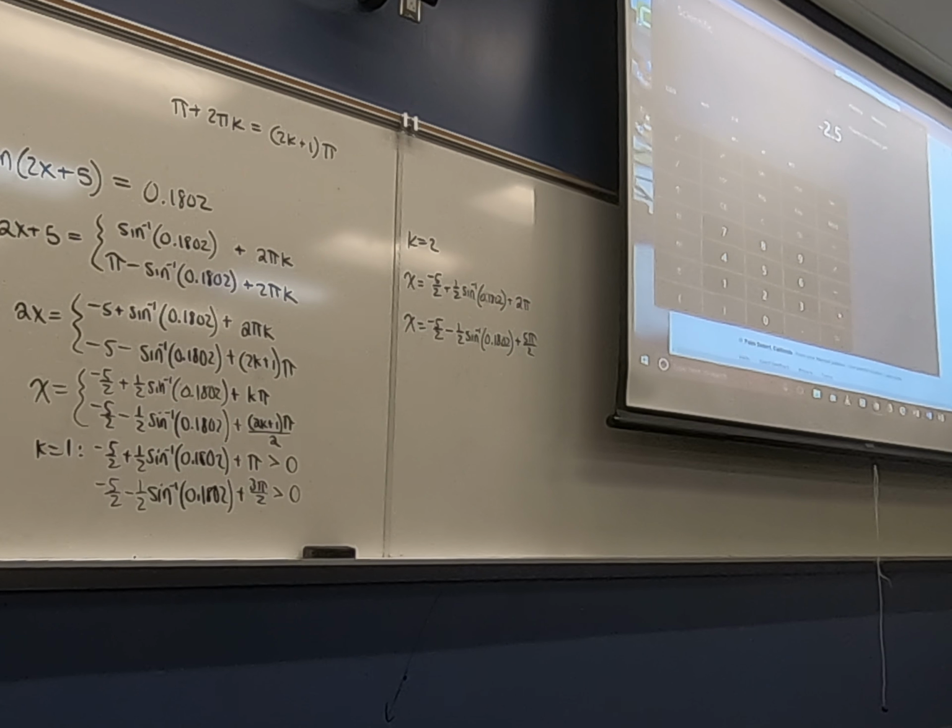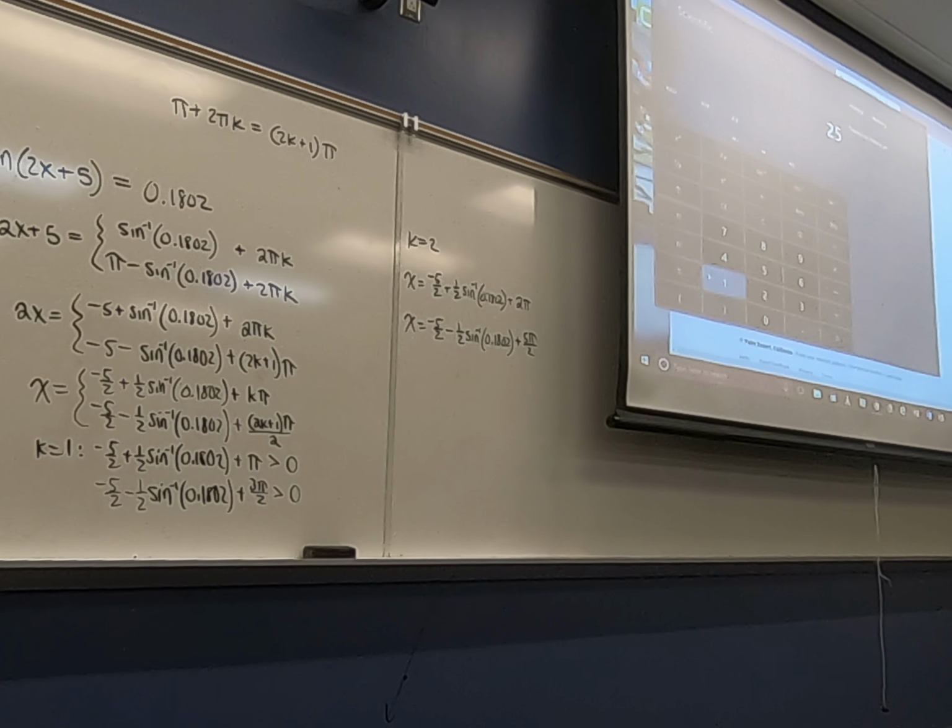Add 0.5, get the inverse sine of, I want to be in radian mode. So I've got 2.5, change the sign, add 0.5 times the inverse sine of, oh, I see what it's doing. All right, so I've got to go back to the drawing board again.